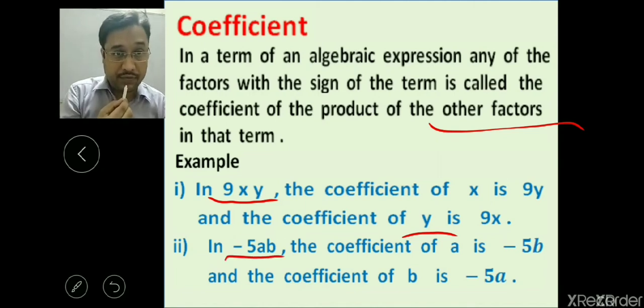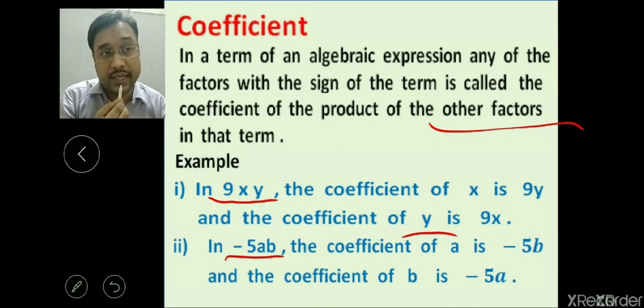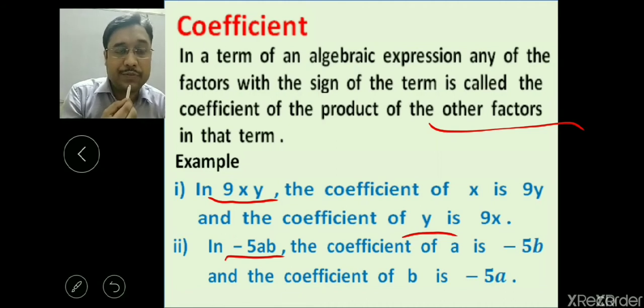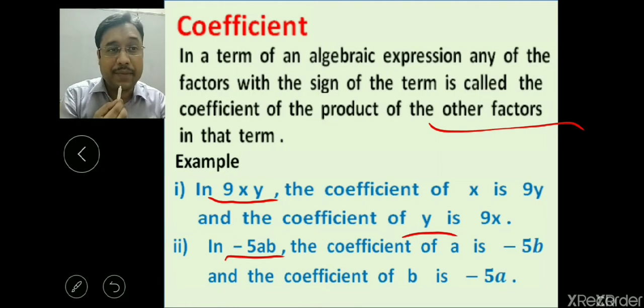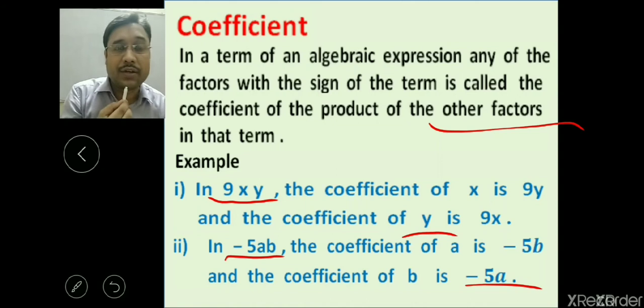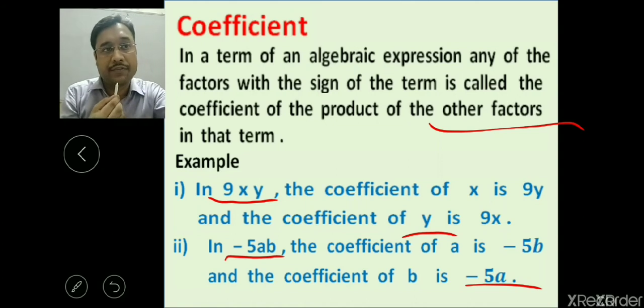In minus 5ab the coefficient of a is minus 5b, the product of other factors except a, and the coefficient of b is the product of other factors except b, that is minus 5a. This way we can find the coefficient.